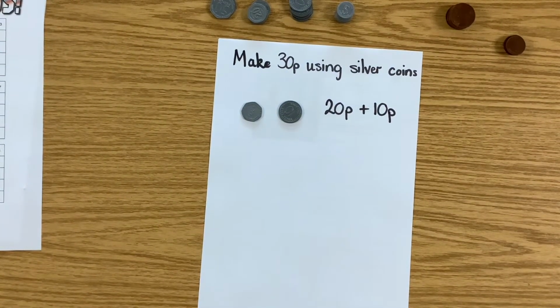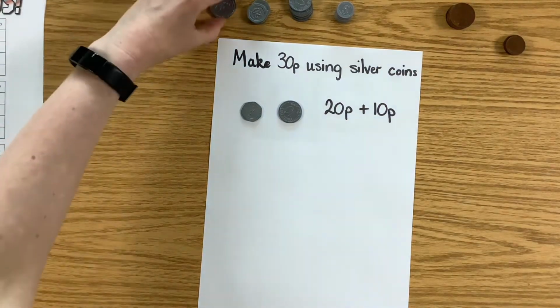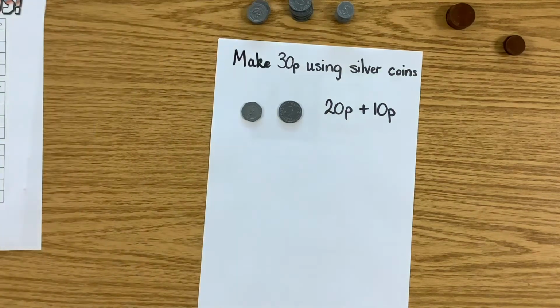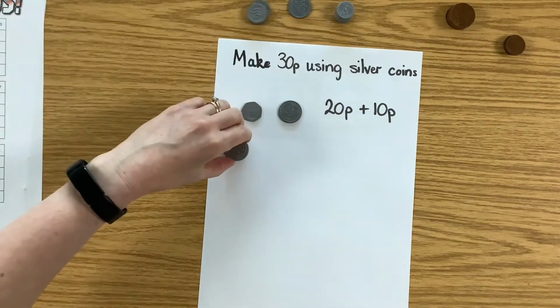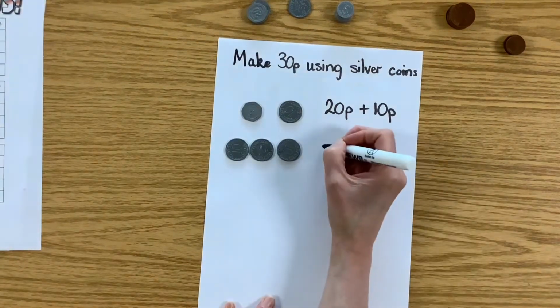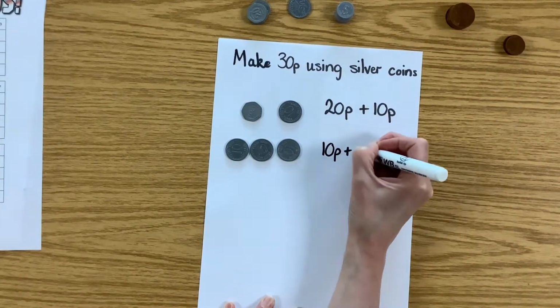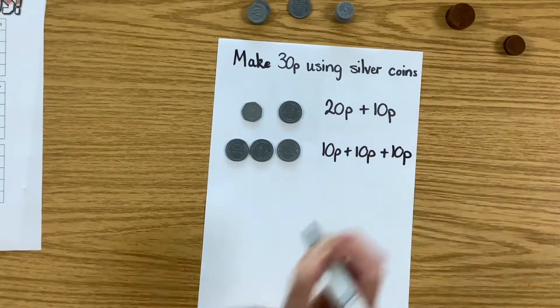Can you think of another way that I could make 30p using just silver coins? Well, I can't use the 50p's, can I? They're no use to me. They're too big. So another way I could make 30p. Oh, I know one. What if I took 10p, 10p, 10p? That would also be 30p, wouldn't it? 3 10p's is the same as 30p.